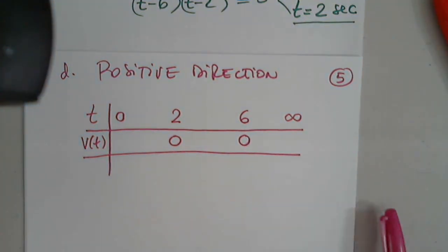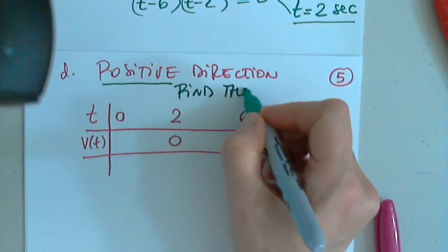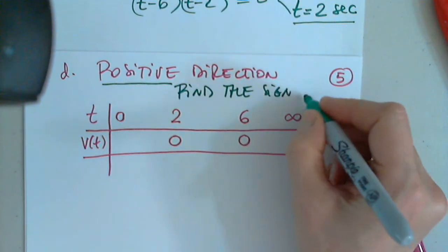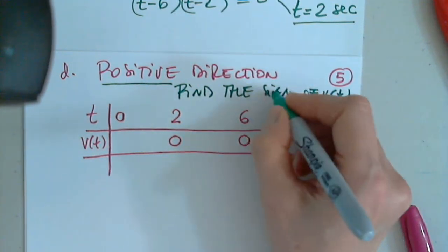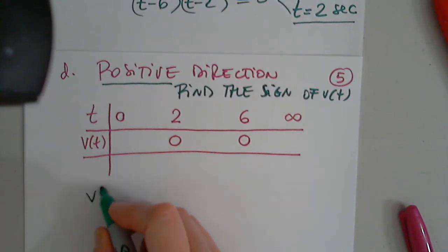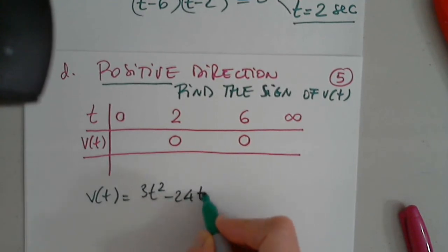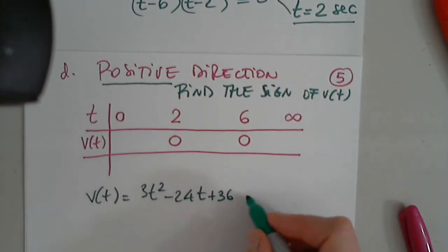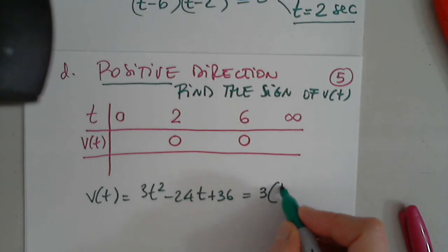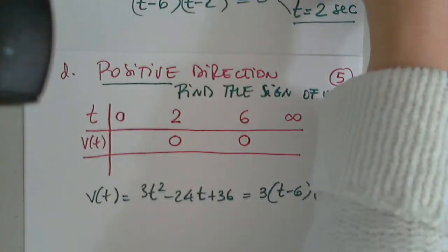And I need to determine the sign of the derivative. Find the sign of v of t. I'm copying v of t right here, so I don't have to go back to it over there. So 3t squared minus 24t plus 36, or, which I really prefer, 3(t minus 6)(t minus 2).